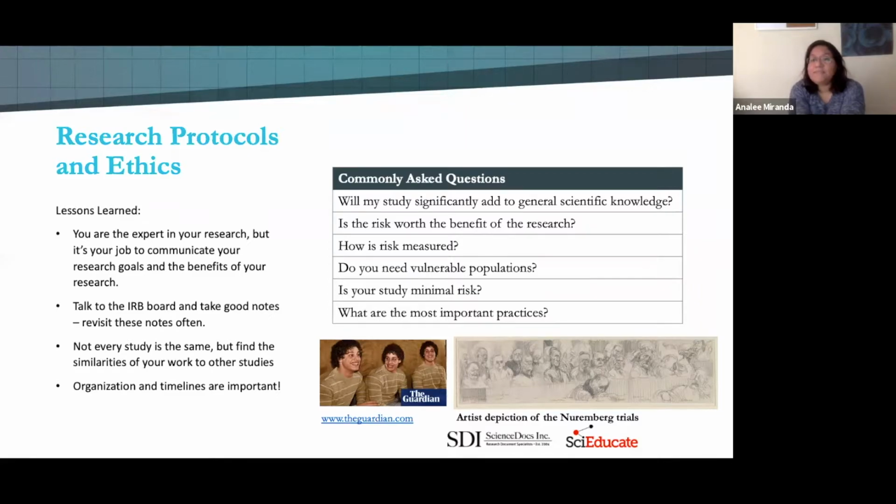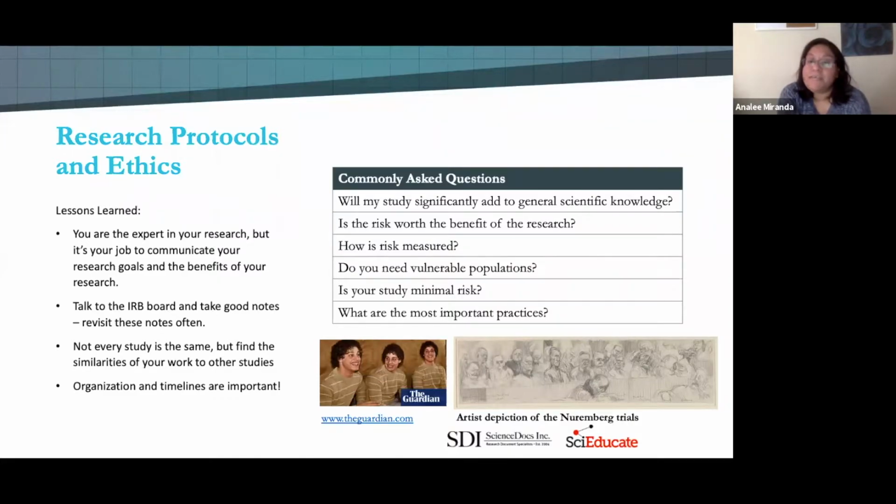So is this research going to be worth the risk? How is the risk measured? Do you need to use vulnerable populations? In my study, we were able to use vulnerable populations, but it took about 2 years just to figure out if we could.